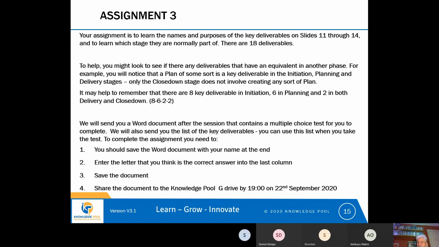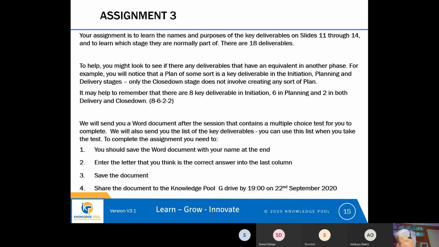There are only 18, and there is some logic to them as to how they fit together. And this assignment noted that there were 8 deliverables during initiation, 6 in planning, and 2 in both delivery and close down. So we sent you a quiz as well, or a test to do that. I haven't had chance, I'm afraid, to actually look to see whether you've delivered those assignments.